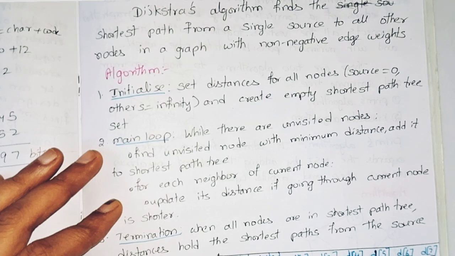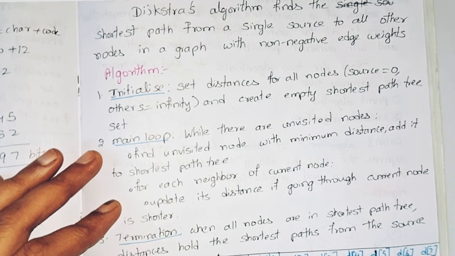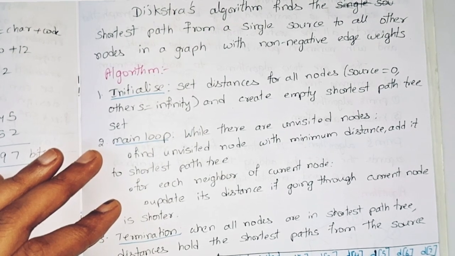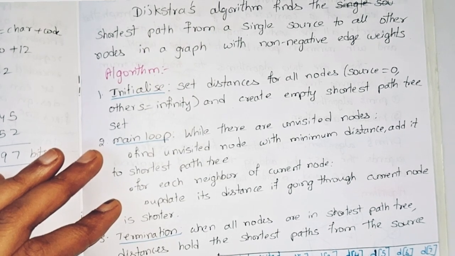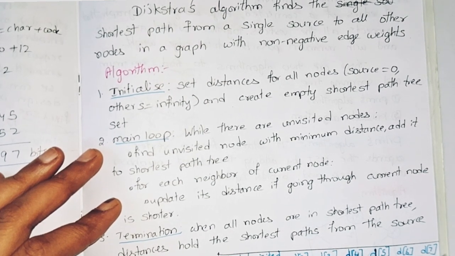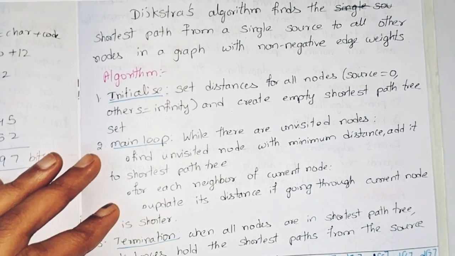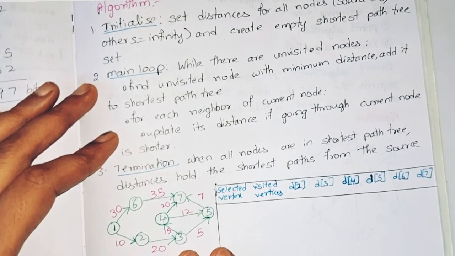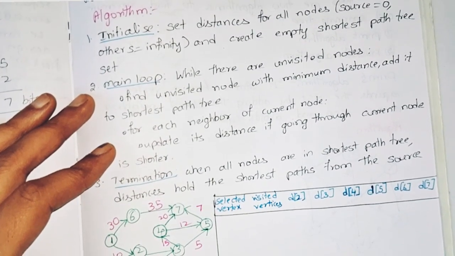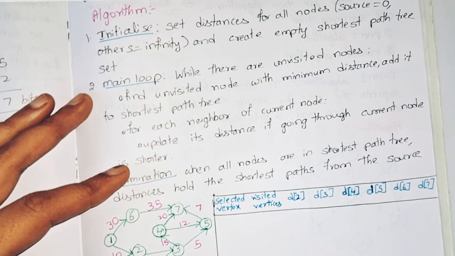So we find the least cost node, and then find the distance from the minimum cost node to the remaining nodes. When all the nodes are in the shortest path tree, the distances hold the shortest path from the source.